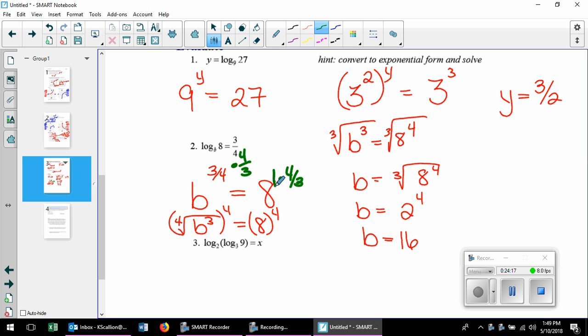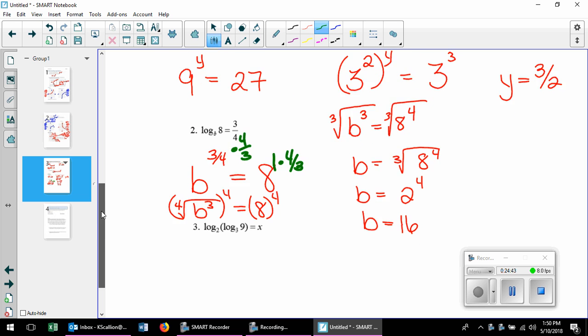But if you multiply this exponent by 4/3, you have to multiply this exponent by 4/3. And we did do a cube root, and we did do an exponent of 4. We did it all. I just showed you all those steps. But you can skip showing me all those steps and just multiply by the reciprocal to get it to 1. Gotta learn the basics, man.